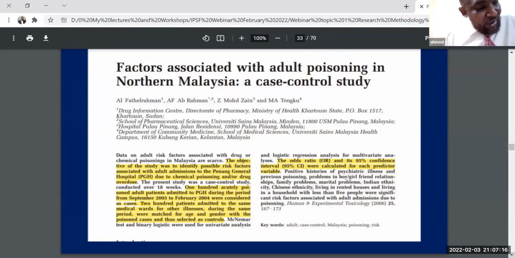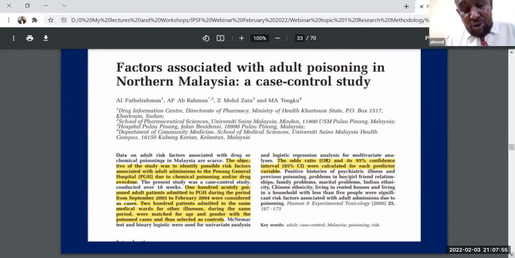The difference is that case control starts with the outcome: a certain group having a certain outcome, which they call cases, and another group not having this outcome, which they call control. They go back into the past retrospectively to see how they have been exposed to the variables which are expected to be risk factors or associated factors.